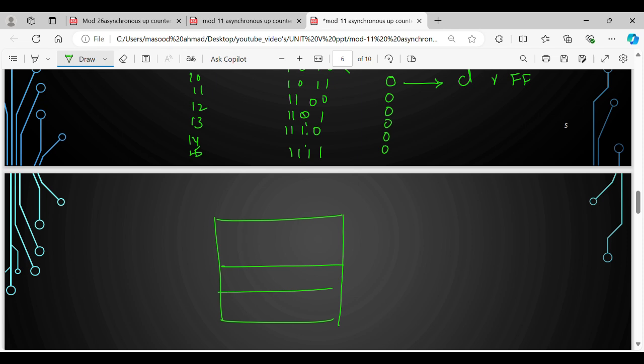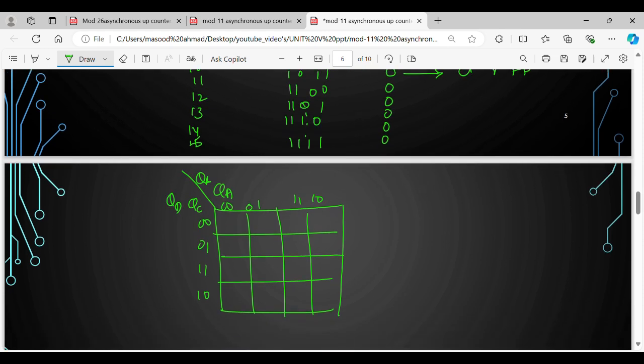So I will take a 4 input K map. In that, from QA, QB, QC, QD, 00 01 11 10, 00 01 11 10. So it is 0 from 11 to 15.